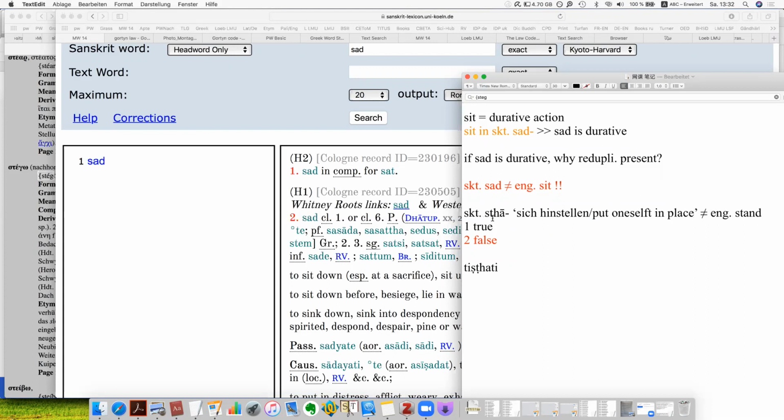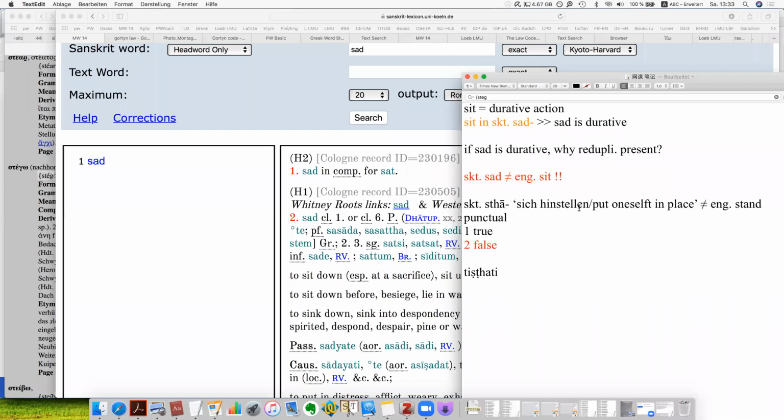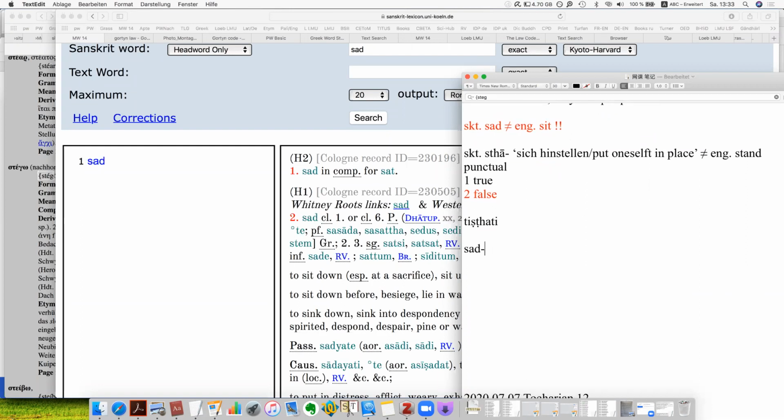So star is punctual. Therefore, the original meaning is actually to put oneself in a specific place. And then the root set originally comes, of course, from PIE set. This root originally does not mean seat or sitzen.